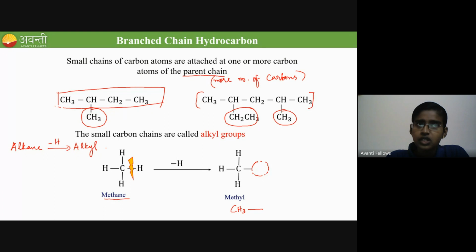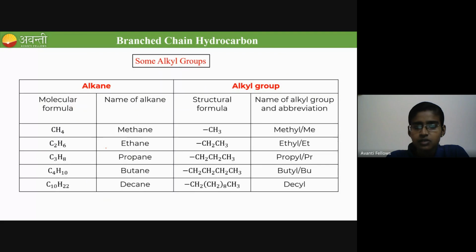And for the two carbon alkane, ethane, also only one alkyl group, which is called ethyl. You can see some alkyl groups: from methane, methyl; ethane, ethyl; propane, propyl; butane, butyl; decane, decyl. For methane and ethane, we have only one alkyl group.